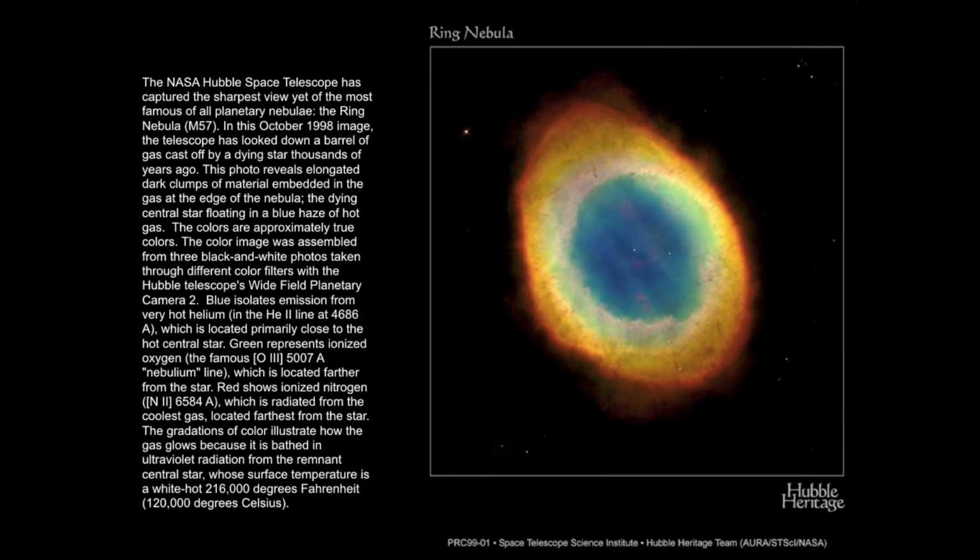Also, there's lots of ionized nitrogen in this field, as well as ionized helium, and so forth. And so this bubble shape is what we expect from a planetary nebula from a star that's dying.